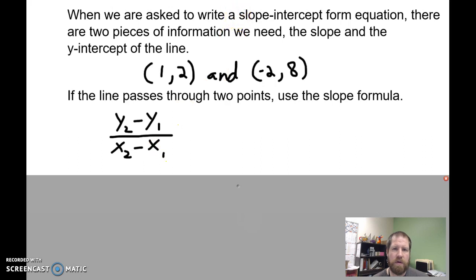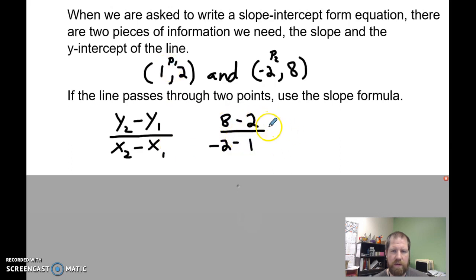So for this one, I'm going to choose this first point as my point 1, and the second one as my point 2. So I'm going to have y2, 8, minus y1, 2, over x2, which is negative 2, minus x1, which is 1.